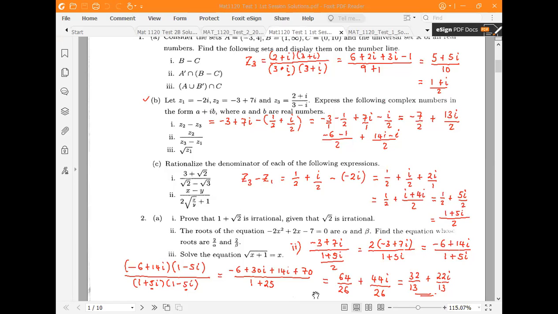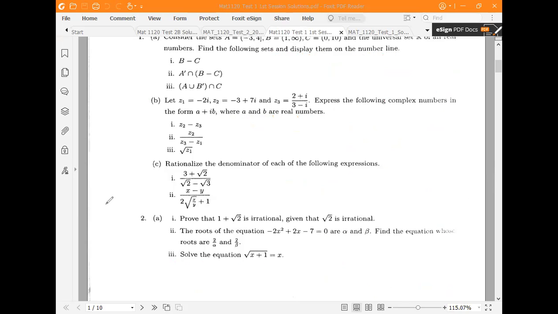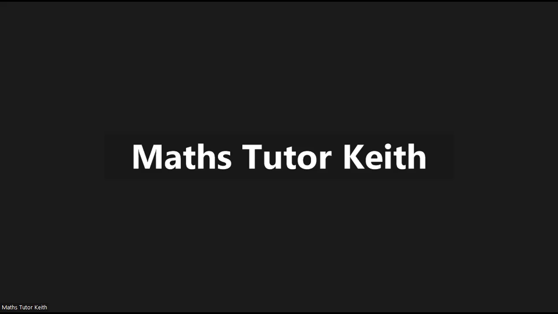Okay. So now we want to do the third one. It's a bit tricky, this one, since it comes as a root.